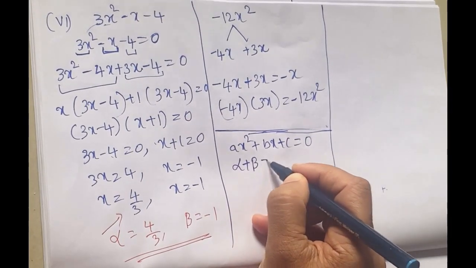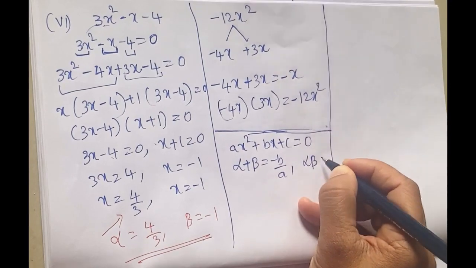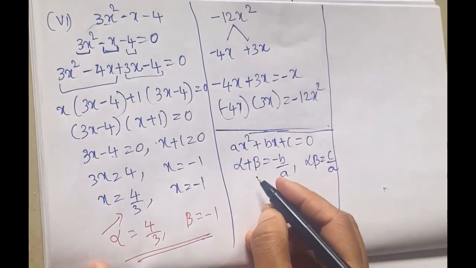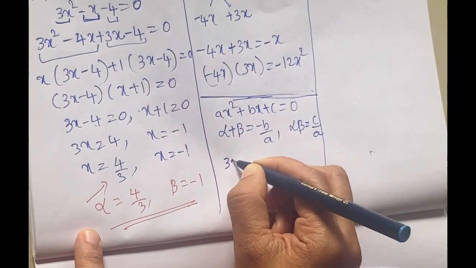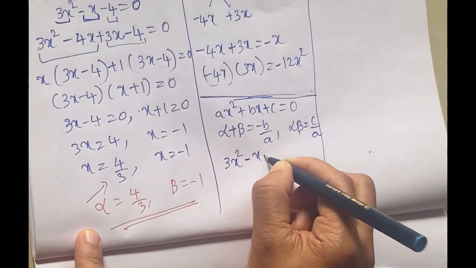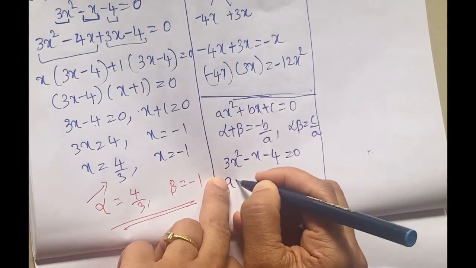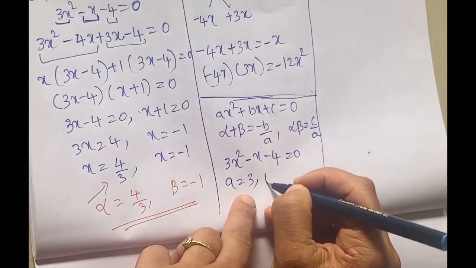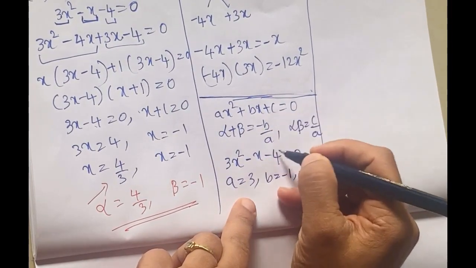Alpha plus beta is minus b by a and alpha beta is c by a. Then I will compare this one, 3x square minus x minus 4 is 0. You can write a as 3 and b is equal to minus 1. When you compare this one, c is minus 4.